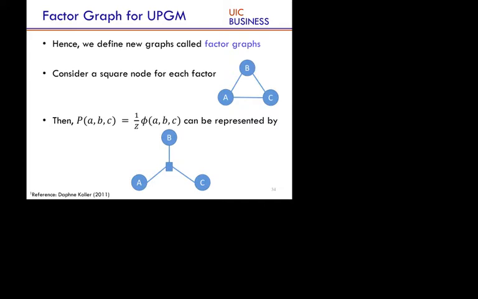So let's say this was the original undirected graph, I'm going to create a square node and join it to all the random variables which are defined by that factor. So in this case, because I wanted to represent the joint distribution this way, I'm going to create a different graph, which is this. Now there is no ambiguity. By looking at this graph, I know that there's one factor, and that factor involves A, B, and C. So that's what I've written there, right?